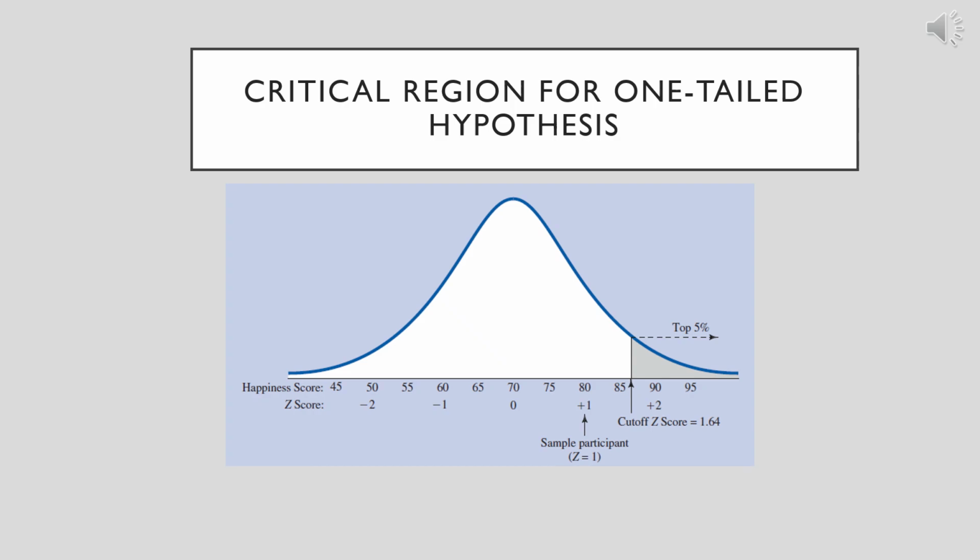And we're going to have to define some kind of cutoff region or regions, depending on if you're using a one-tailed or a two-tailed hypothesis. Then we see whether the correlation that we found falls within the critical region that we established. If it does, then we can reject the null hypothesis and conclude that in fact there is a relationship between the two variables.